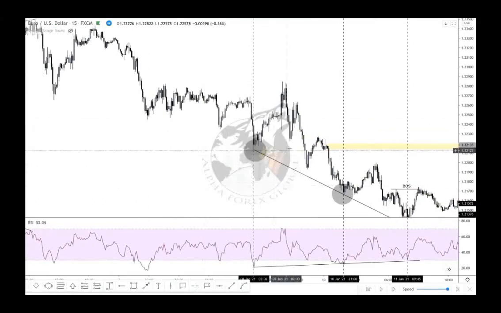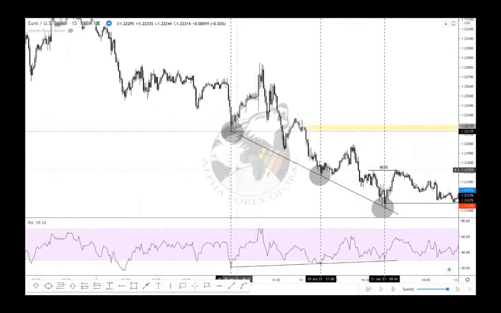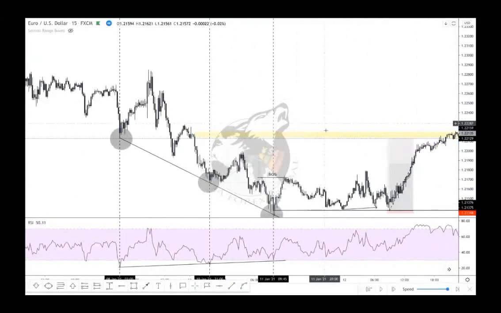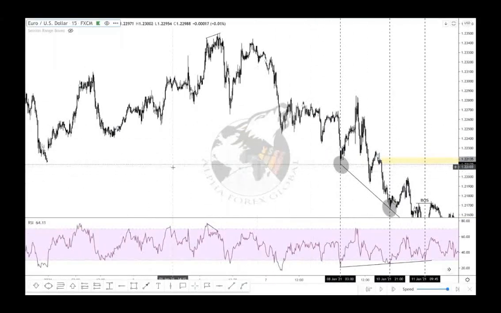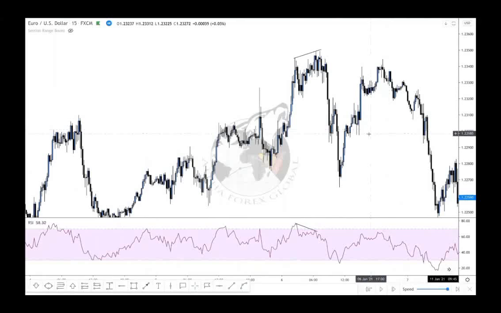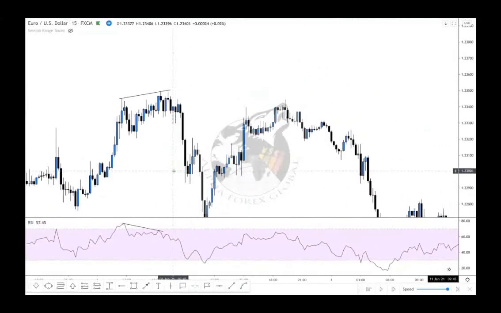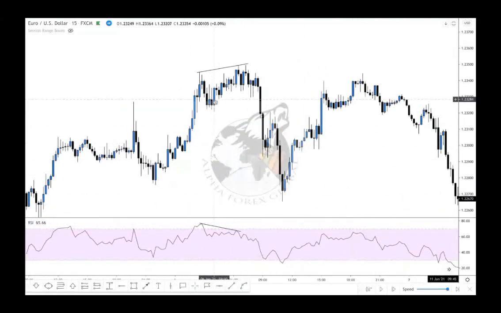So possibly people are going to start to sell, and in doing that, the market is going to push to the upside, because we're oversold right here. Same thing here, the market is oversold. Divergence is created because this is creating lower highs, and the market is creating higher highs.